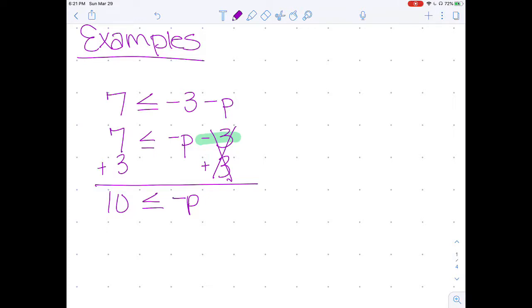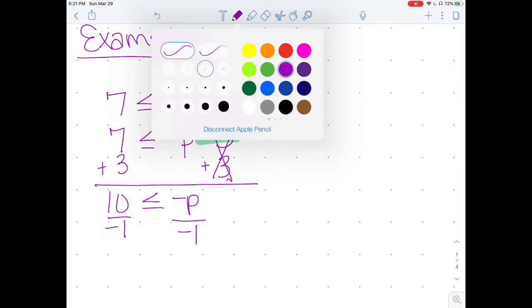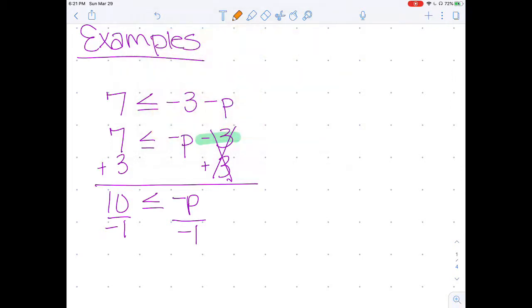This cancels out. Now, we want to have just p by itself, not negative. So in order to get rid of that, we have to divide by negative 1. But here is an important note.